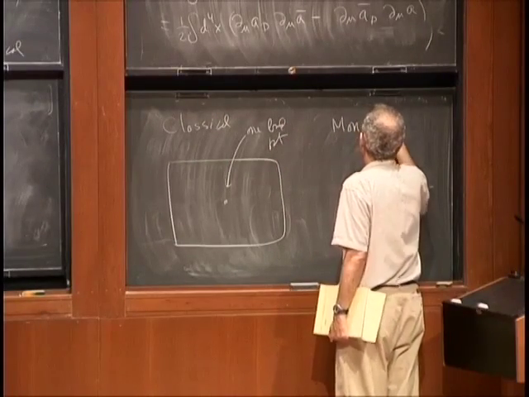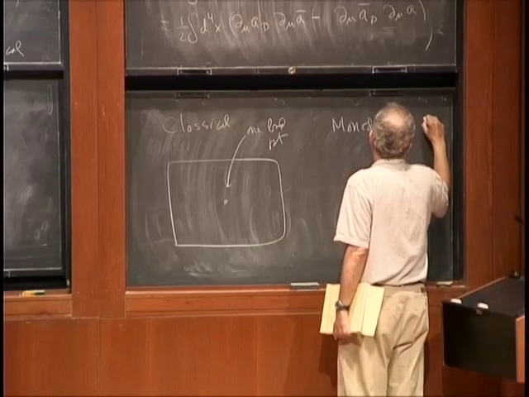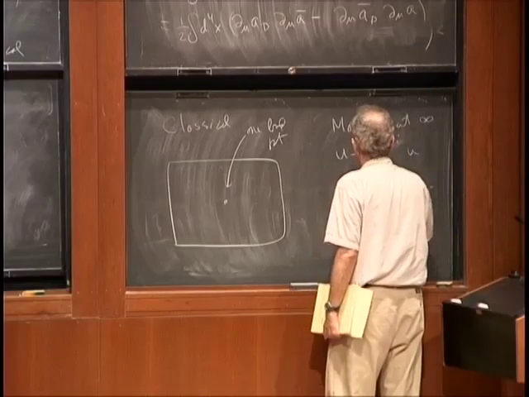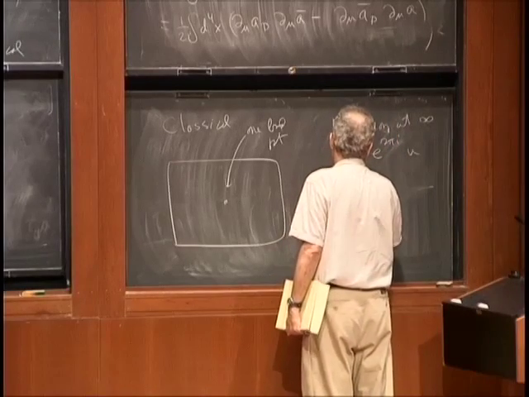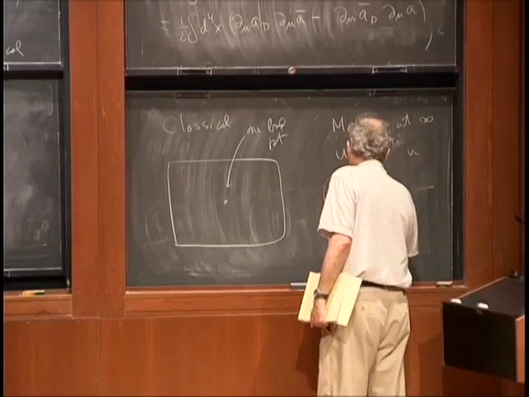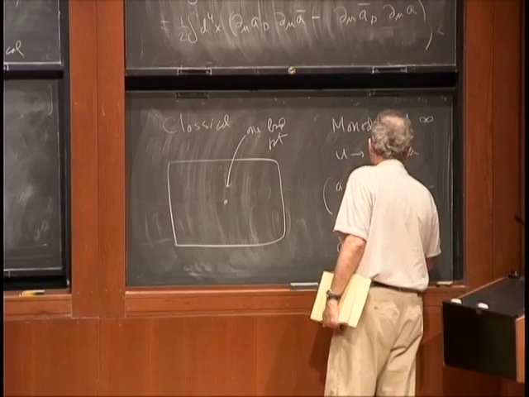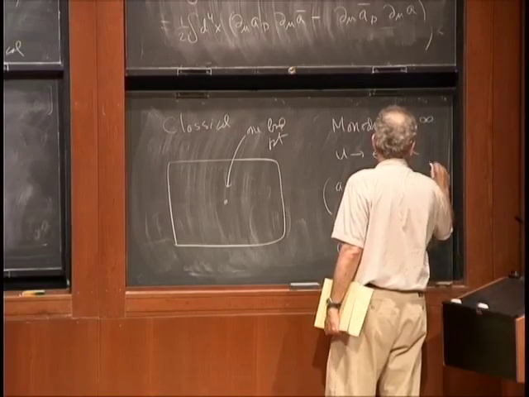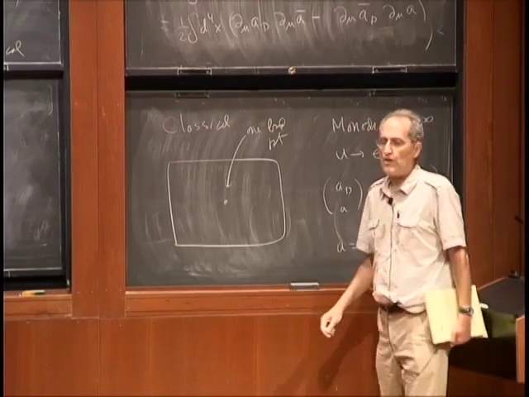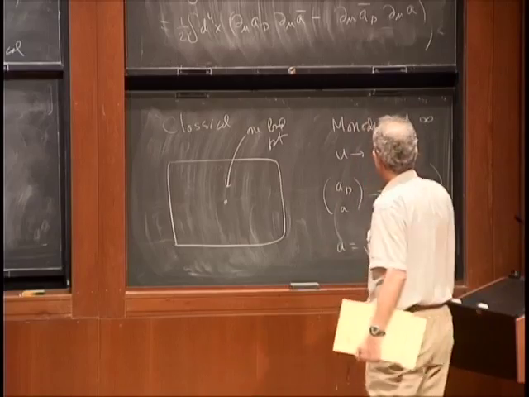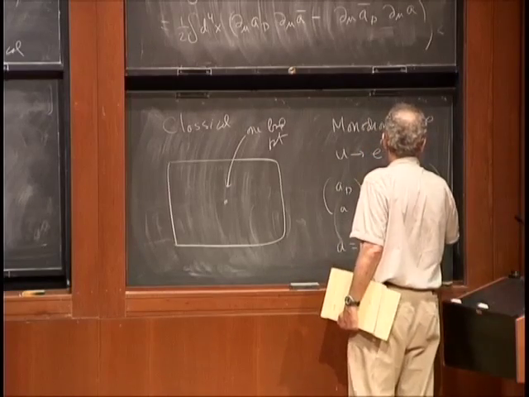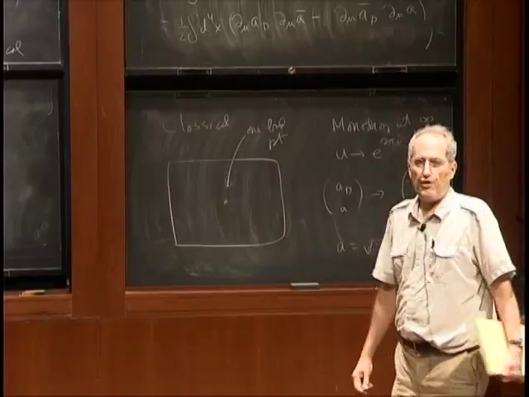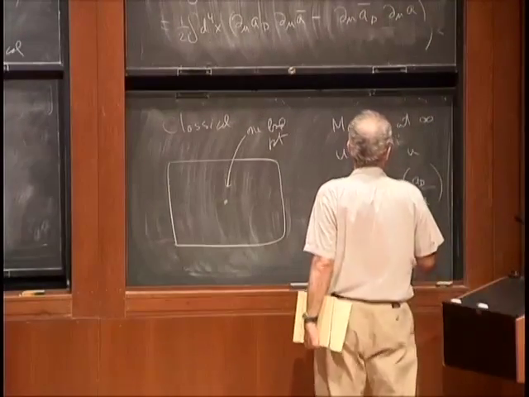What is the monodromy at infinity? In other words, under, so to speak, U going to e to the 2 pi i times U. Well, classically, since A is the square root of U, A would change sign. And since A dual is tau times A classically, it would also change sign. So that would be the classical answer. But there was a shift in the theta angle at infinity.